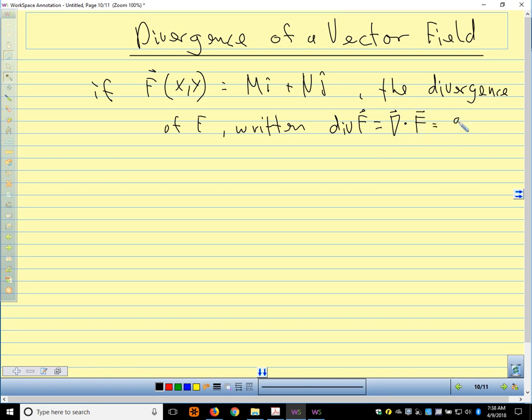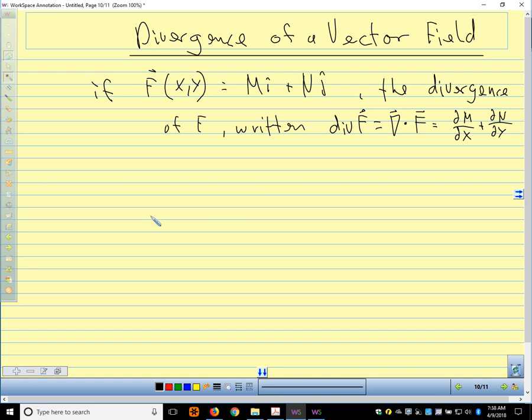And that's going to be the partial of m with respect to x plus the partial of n with respect to y. This is the dot product.